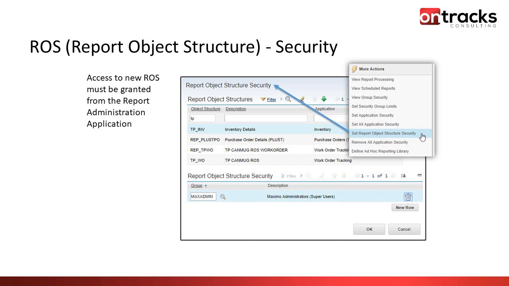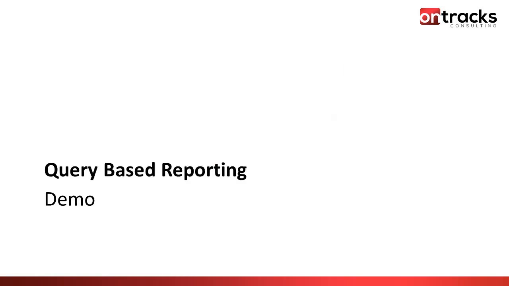I'd actually have to go to that application in my More Actions, click the Set Report Object Structure Security, find out the newly created report object structure. So I've got TP inventory details, TP for Tom Peterson, of course. And then I decide that the group max admin will have access to use this report object structure going forward. I can set any other group that has access to create reports as well.